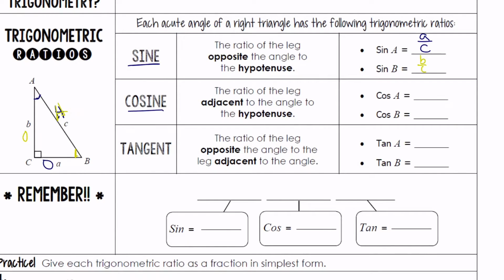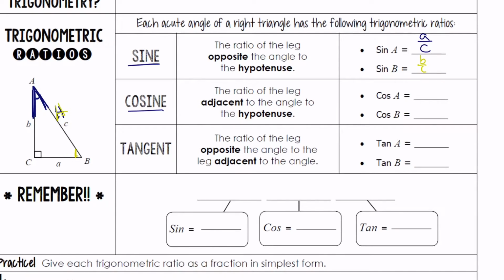Then we have our cosine function, and that's the ratio of the leg adjacent to the angle to the hypotenuse. So now we're looking at the leg adjacent. Now when I'm looking at angle A, the leg adjacent, remember adjacent means next to. So it's the adjacent connecting the angle to the hypotenuse.